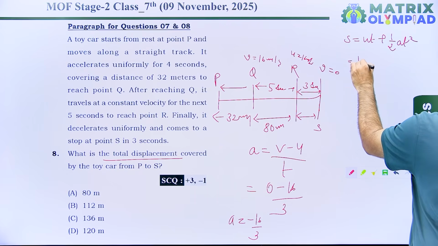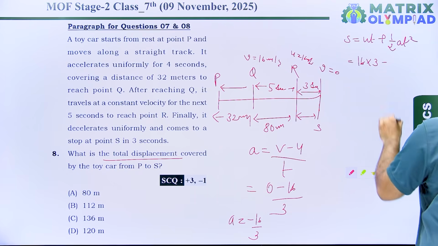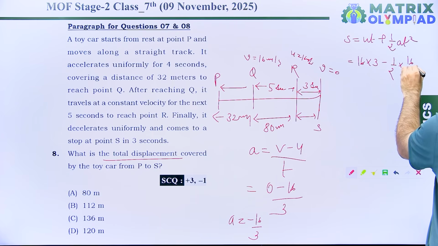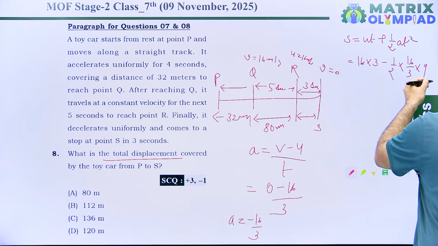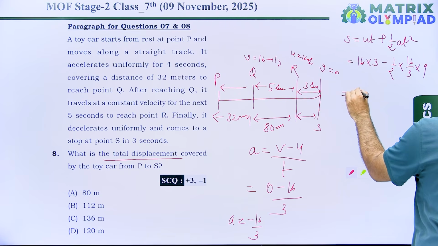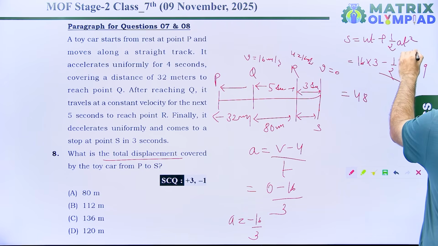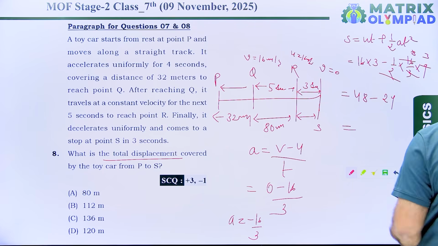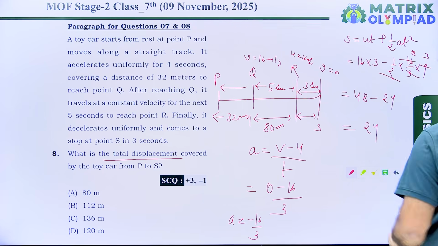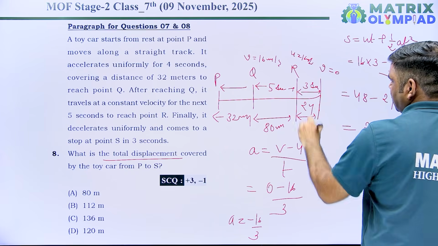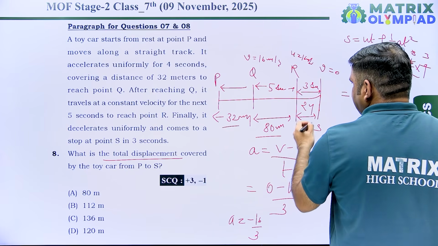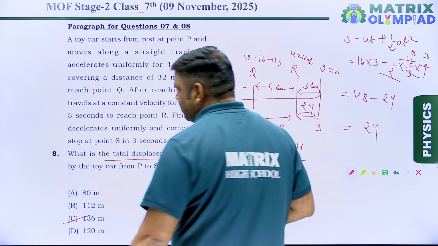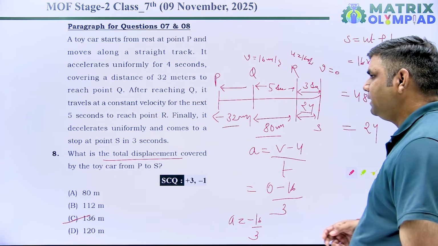So u is 16, t is 3, minus 1 by 2, a is 16 by 3 and t square, that is 9. So 16 into 3 is 48, 8 and 3, so 8 into 3 is 24. So 48 minus 24, so 24 meters. So 32, 80 and 24. So the sum will be 136. So our correct option is option number C for question number 8.